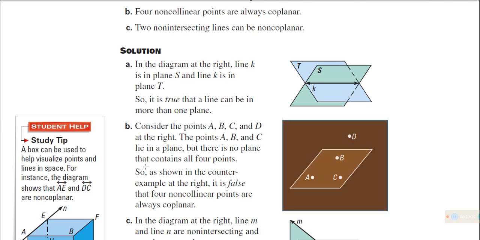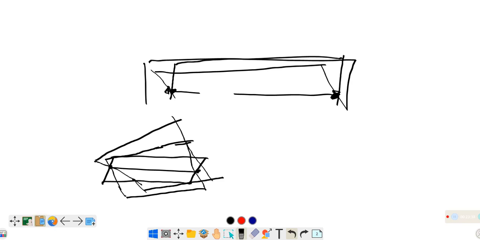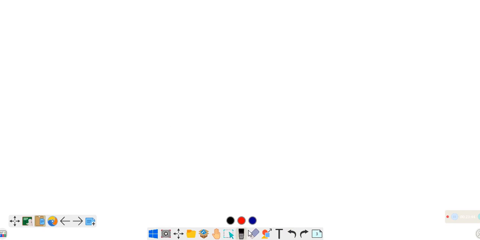So, copy natin siya dito. Drawingan natin siya ng plane na hindi the same dun sa plane containing A, B, and C. Ayan. So, ito yung plane containing A, B, and C. For example, ito si plane P. Yan.